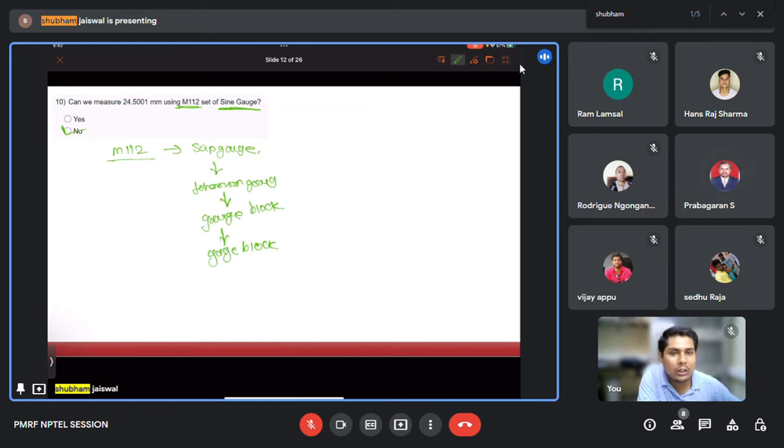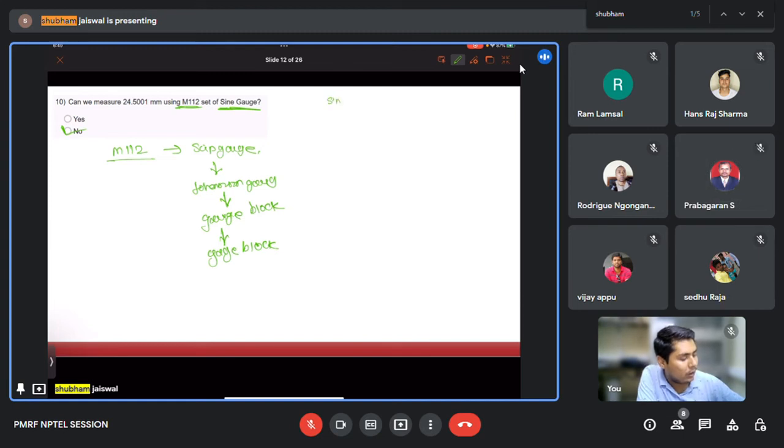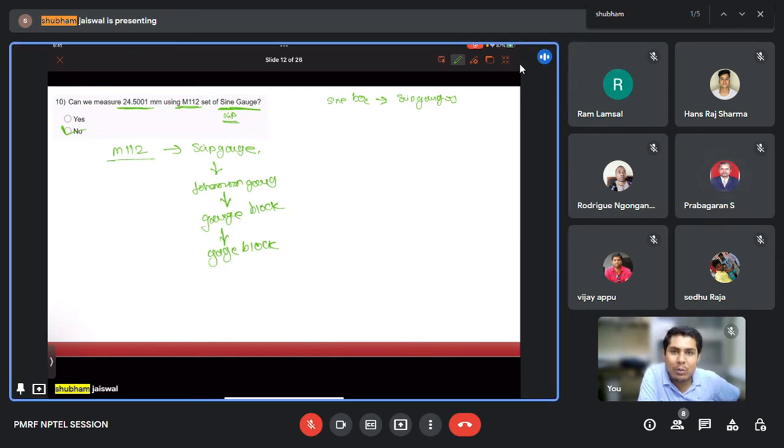There is no such thing as a sine gauge; we can use the sine bar with slip gauges. Here they are talking about linear measuring devices. If they had written slip gauges here, then definitely the answer would be yes. But for this question, the correct answer is no. Agreed, thank you, sir. Moving to the next question.